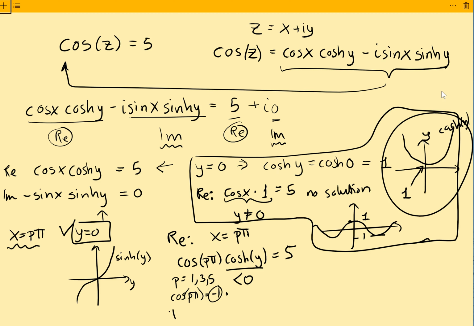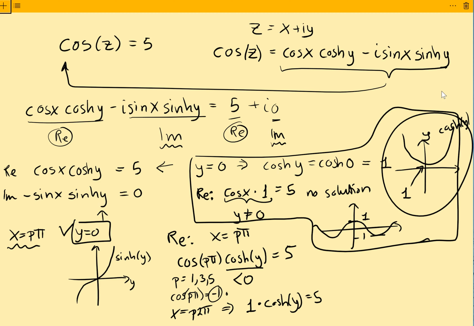So what we should write is that x, not minus x, sorry, x equals a multiple of 2 pi, which would ensure that our cosine part here is 1. Then we obtain an equation which looks like 1 times cosine hyperbolic of y equals 5.